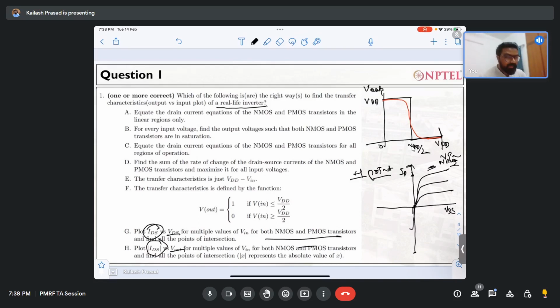So if you make ID positive, how will it happen? It will be like this. Okay, it will be like this if you make ID positive. So you have to make sure that you have the absolute value like this, something like this, right?